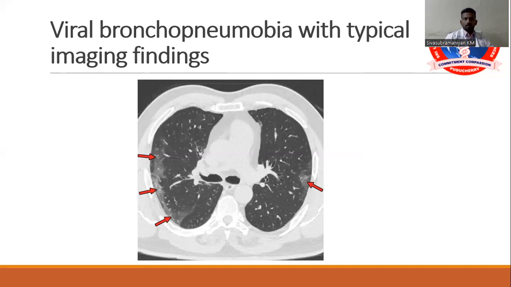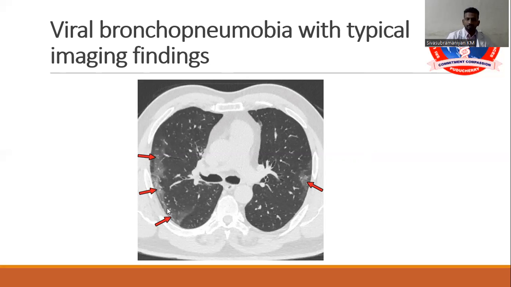And this is a very well-known viral bronchopneumonia that we have been dealing with in the past couple of years now. It's a COVID-19 bronchopneumonia, and these are the classic patterns of viral bronchopneumonia with typical imaging findings. All these red arrows point to the peripherally arranged areas of hazy ground glass densities with a non-segmental pattern, and some linear bands of fibrosis are also seen just beneath the pleura.